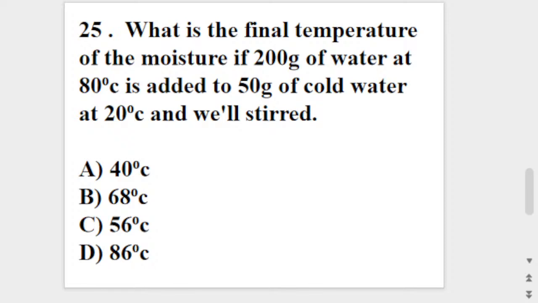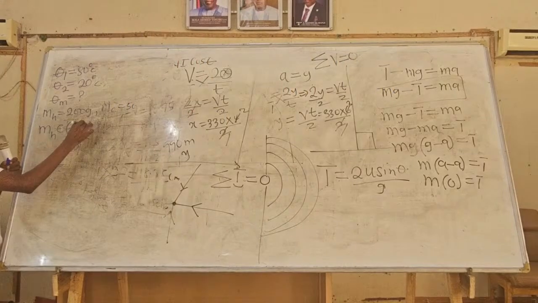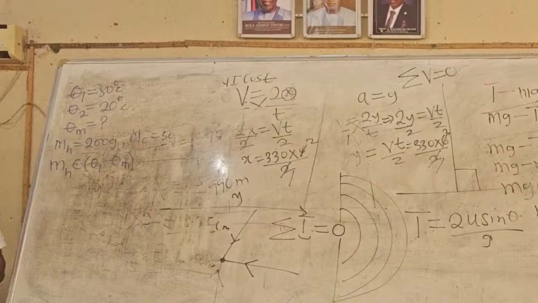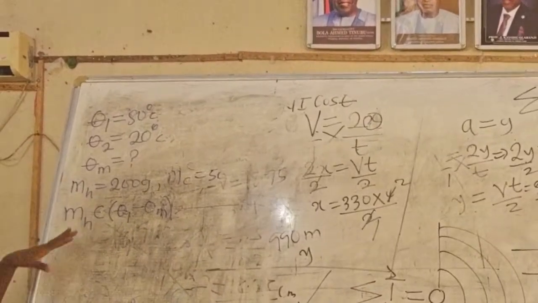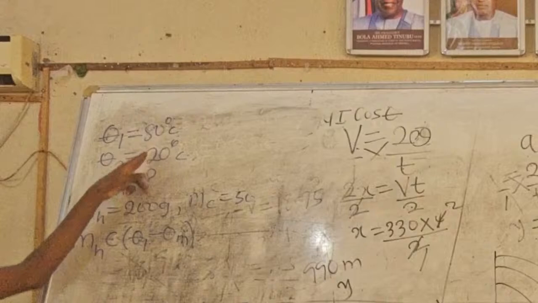Don't forget, heat lost by the hot water will now be MH C, then theta 1 minus theta M. Please look up. Since the water is hot, heat is going to be lost from it to this.